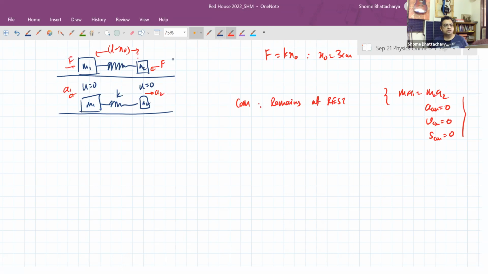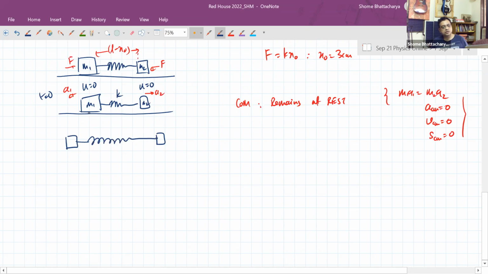So if this was my t equal to 0 instant, after some time, let's say my system has come to this state, where this block has displaced by S1 and this block has displaced by S2. The spring is now still compressed, but slightly less compressed.